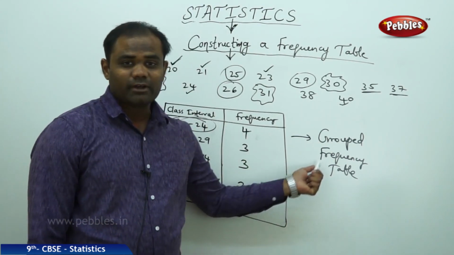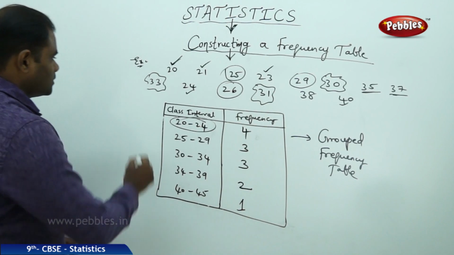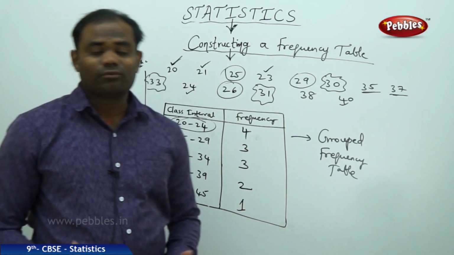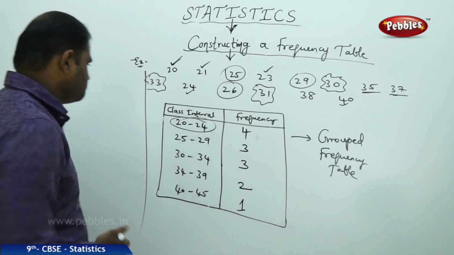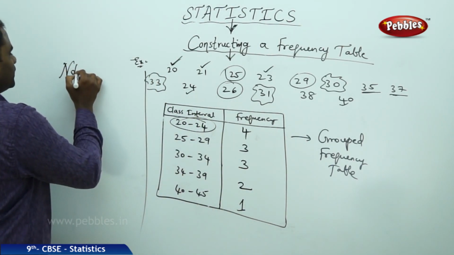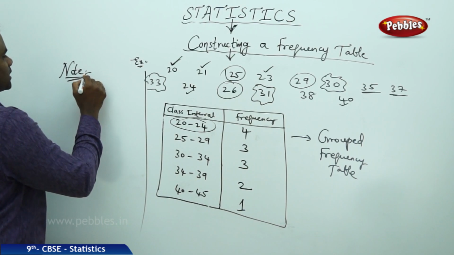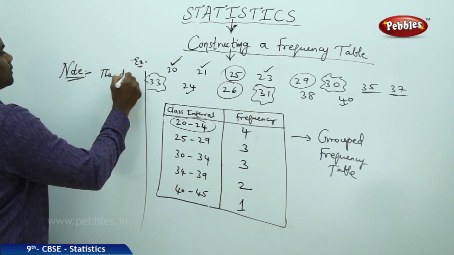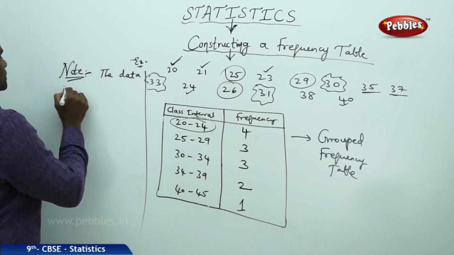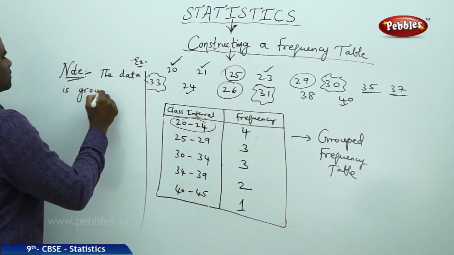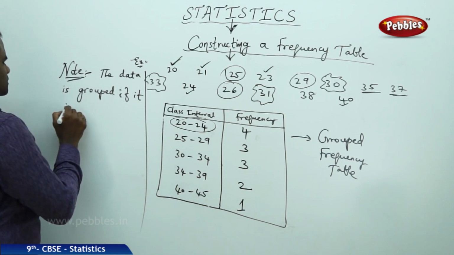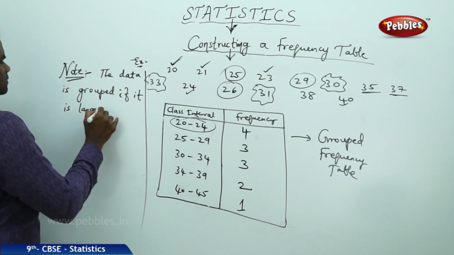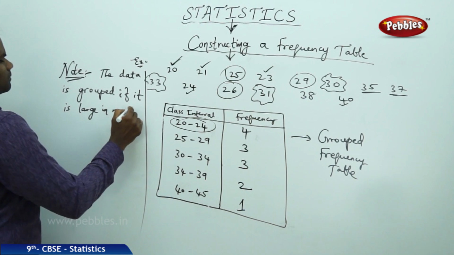So here we make a very important note: when do we group the data or when do we not group the data is the biggest question. So here we have a very important note which makes us understand that the data is grouped if it is large in number.